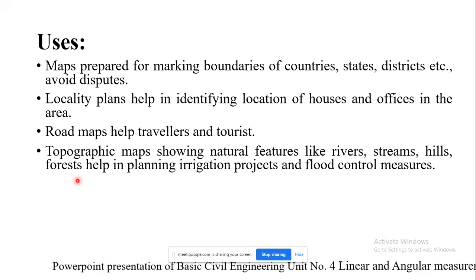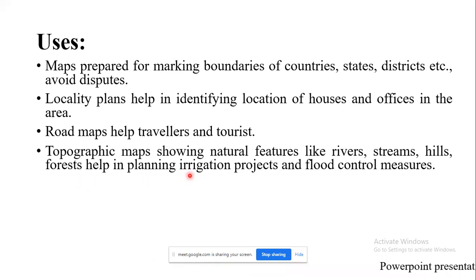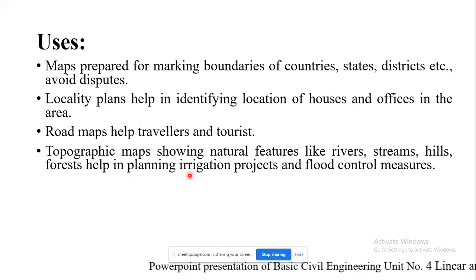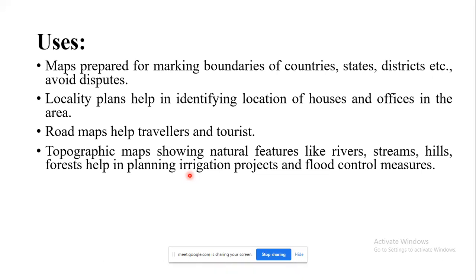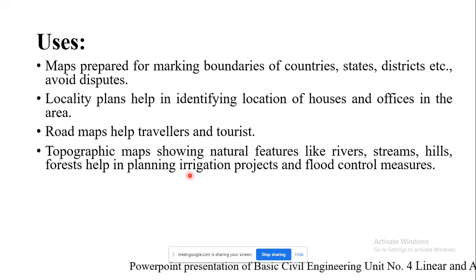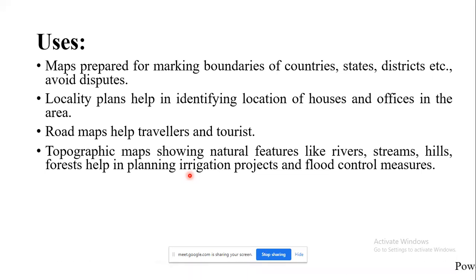The irrigation department of civil engineering uses this topographic map in order to control the flood which takes place due to heavy rainfall, and to decide where to locate a particular dam and where to construct a bridge across. For that purpose, the irrigation department looks into the topographic map.